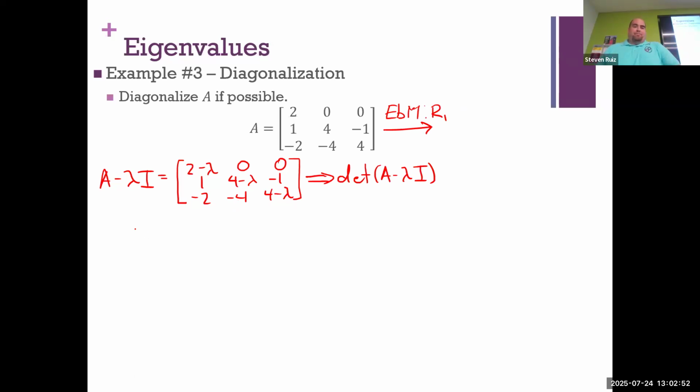How many minors do we have to make? Just the one, 1,1, which will be 4 minus lambda, negative 1, 4, 4 minus lambda. That determinant will be (4 minus lambda) squared minus 4. Are we good so far?